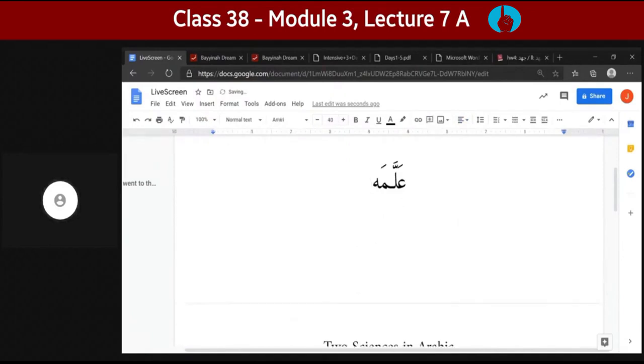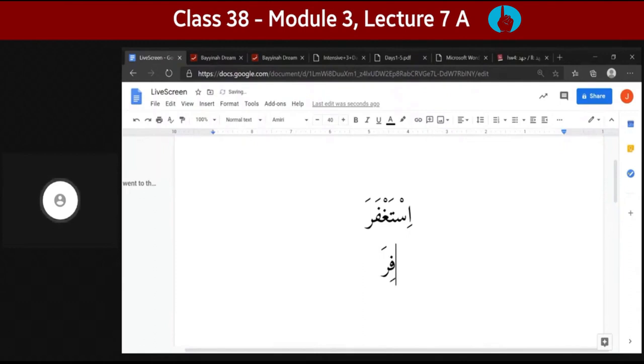Okay, the rule for any past tense fi'l is we leave the last letter alone. So we're not going to touch ra. We put a kasra on the second to last letter, right? We put an e sound on the second to last letter.